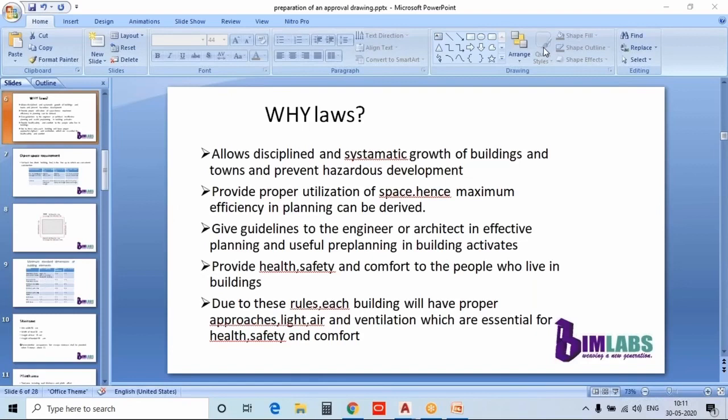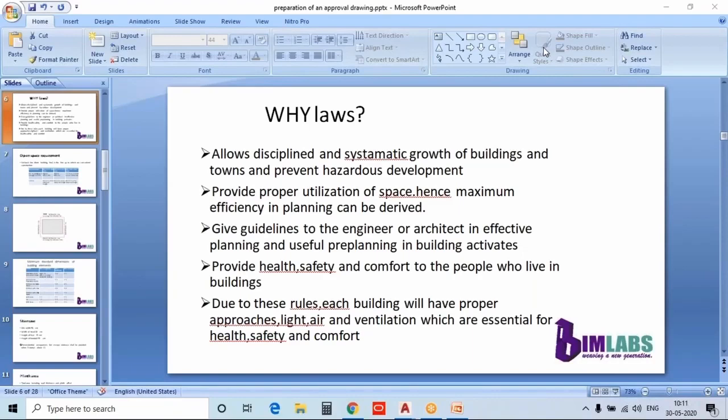By applying all these building rules to buildings, we can properly utilize the space, and maximum efficiency in the building can be achieved. Building bylaws give guidelines to the engineer or architect for effective planning and useful preparation in building activities.